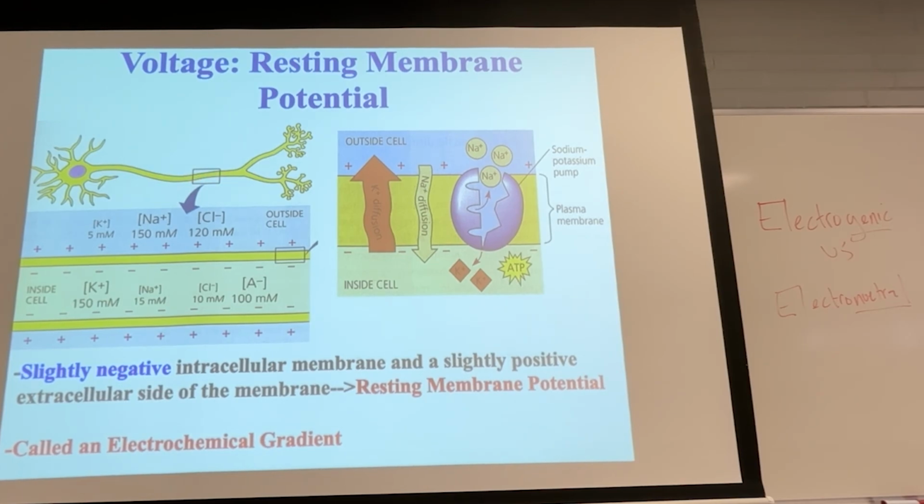The axon is a wire. It really behaves like a wire. It has the ability to conduct electricity just like the wires that power our computers and our iPads. But we're conducting a different charged particle. We're moving ions instead of electrons. Now, if I blow up just this little box, that's what this is showing.